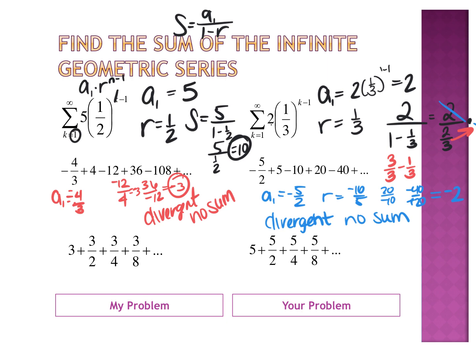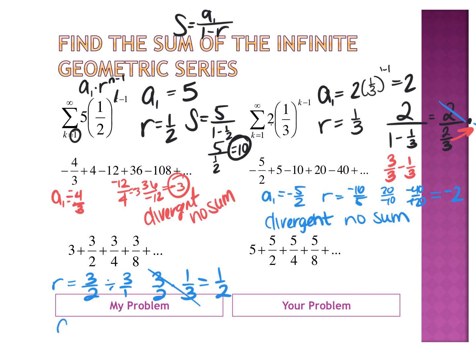Okay, the last two. 3 plus 3/2 plus 3/4. To find r, we're going to do 3/2 divided by 3 over 1. Make it a whole number. 3/2 times the reciprocal, 1/3. The 3's cancel. r is 1/2. So r is less than 1, so it's convergent.